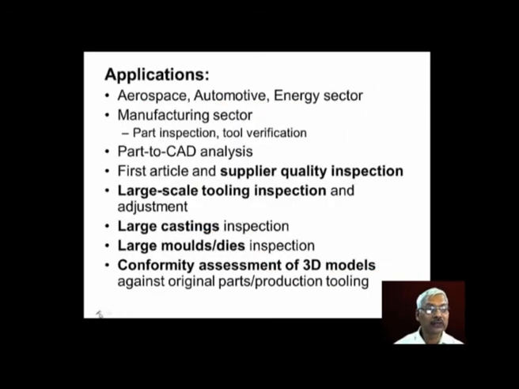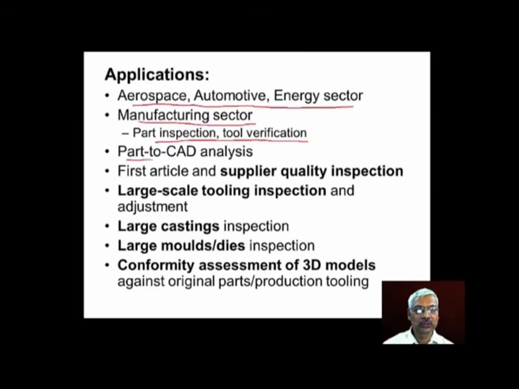Now, what are the applications of portable CMM? These portable CMMs are used in aerospace, automotive and energy sector, and in the manufacturing sector for part inspection, tool verification, etc. And this portable CMM can be used for part to CAD analysis, and then first article inspection and supplier quality inspection is possible, and then large scale tooling inspection and adjustment can be made using portable CMMs.